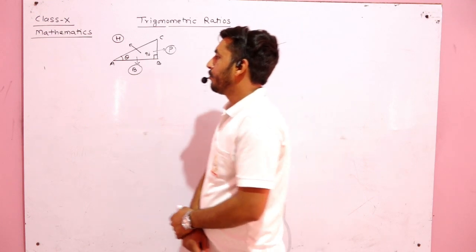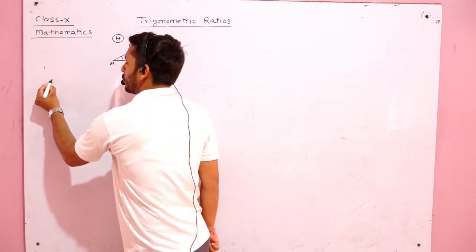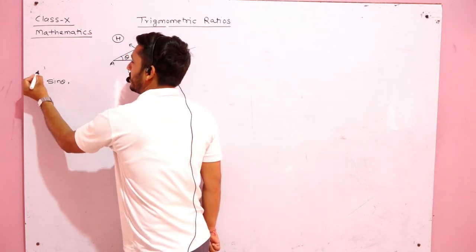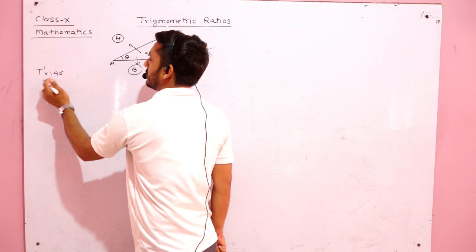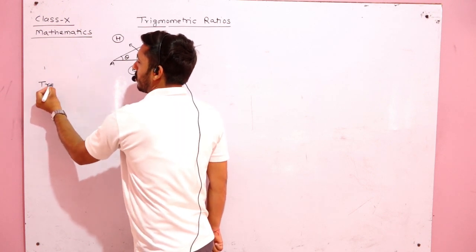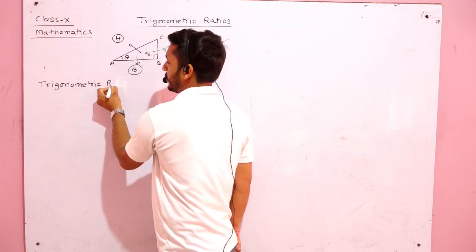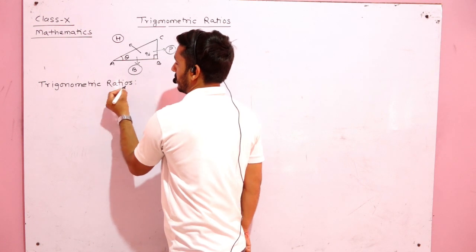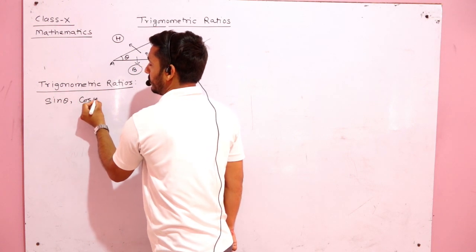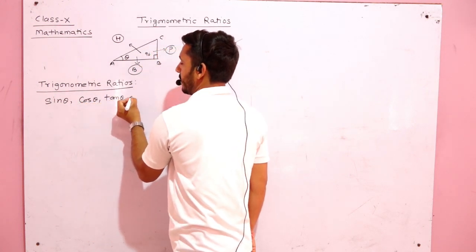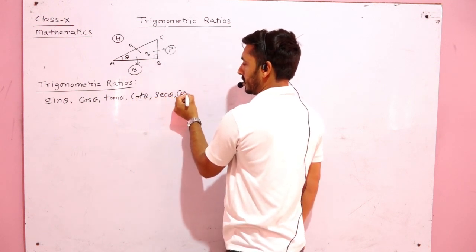We can write all trigonometric ratios as sin theta, cos theta, tan theta, cot theta, sec theta, and cosec theta.